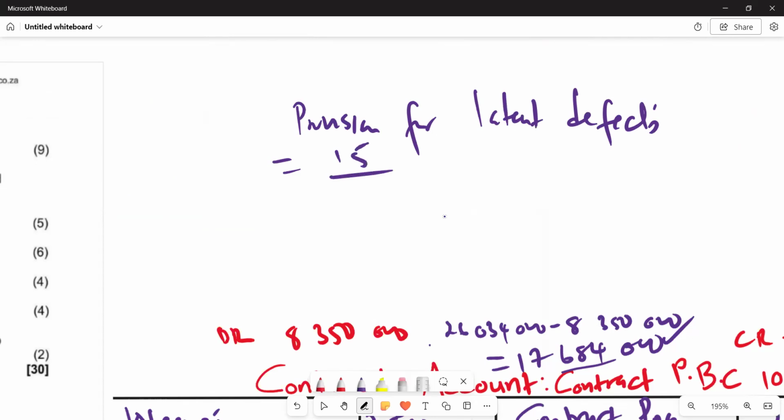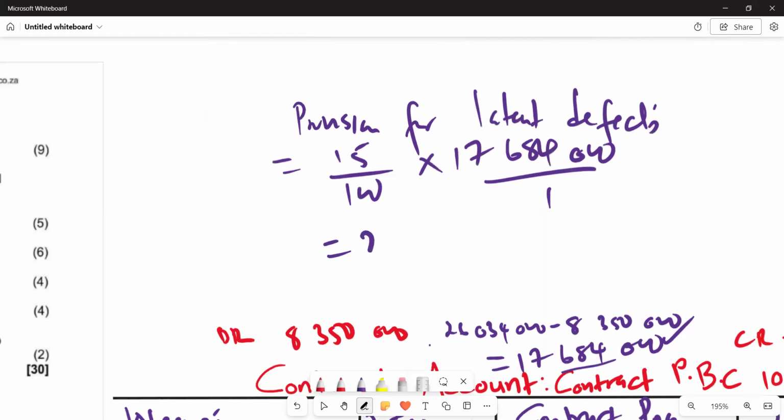We can just say 15 over 100, which is 15%, times our profit, which is 17,684,000. Then we get the provision for latent defects, which is going to be 2,652,600.